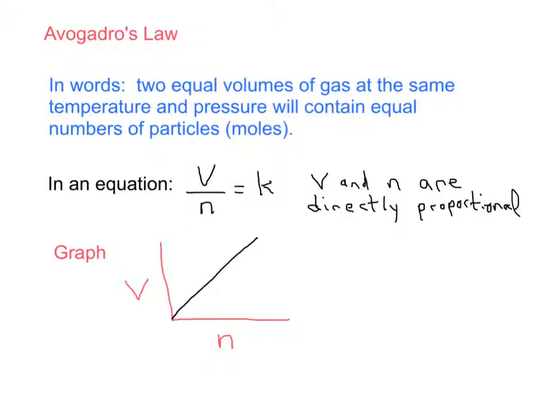Of course, the same sample kept under constant conditions would give you the equation V1 divided by N1 equals V2 divided by N2. So again, same type of equation as before, and as you can see from the graph, if we increase the number of moles or particles, of course our volume will also increase, making Avogadro's law another directly proportional law.